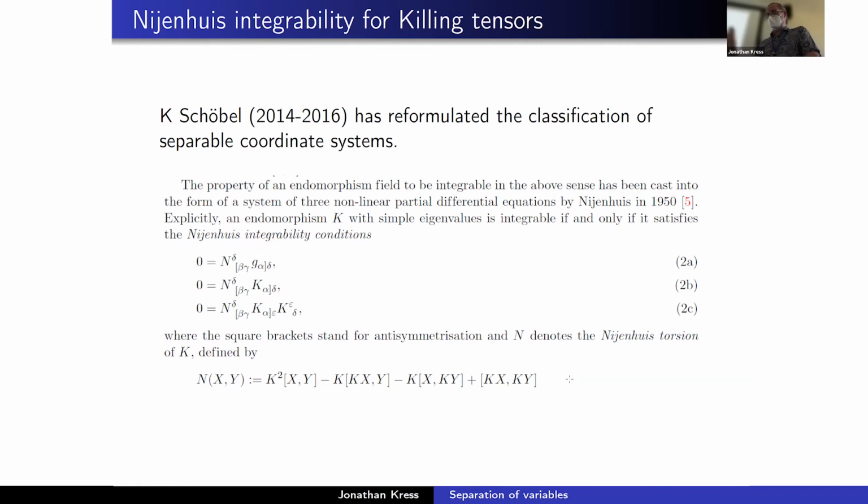So their results were independent of this. But you can reformulate the condition. You want your Killing tensors to produce integrable submanifolds, which become the coordinate surfaces, in terms of some equations on the Nijenhuis torsion of the Killing tensor.